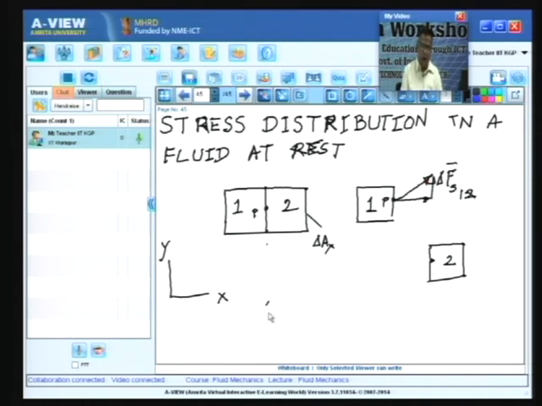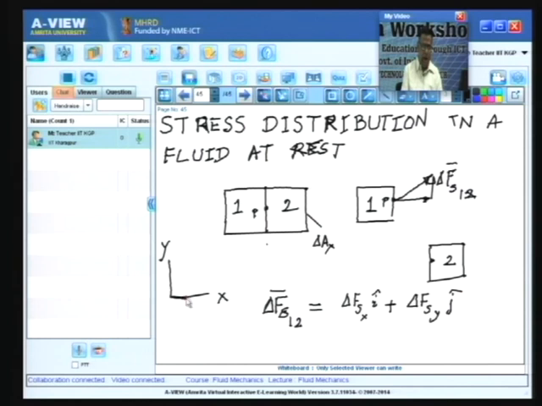So, one can write delta F S 1 2 vector as delta F S x i, so this is the x component of the force, and delta F S y j.